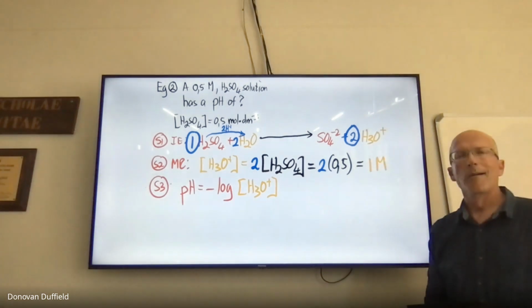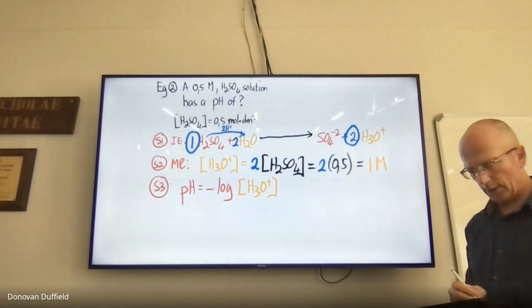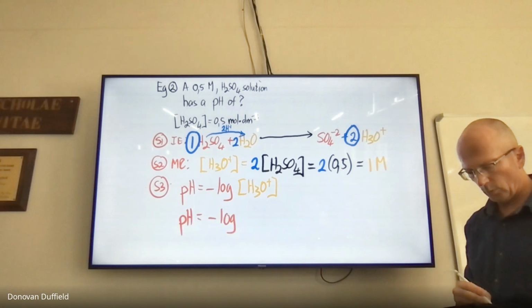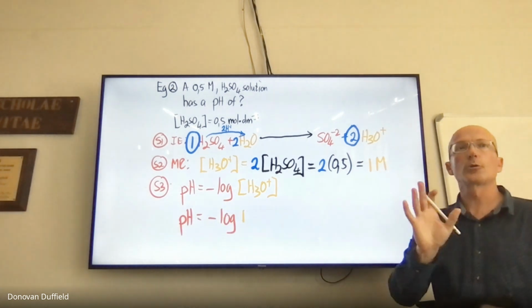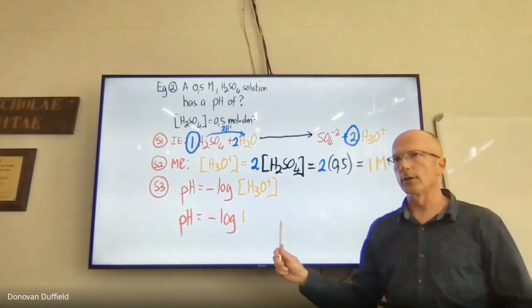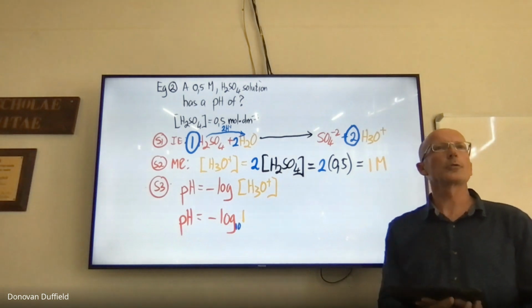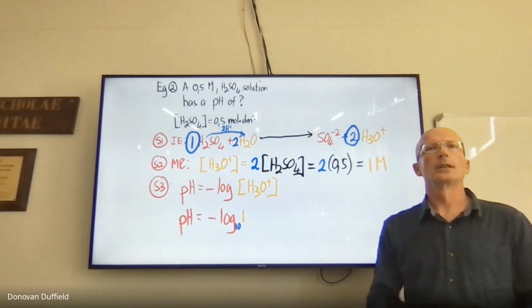Now if you take this and go, okay, so the pH equals the negative log of 1. Now, please don't use your calculator yet. What exponent must I raise 10 to in order to get 1? 0.